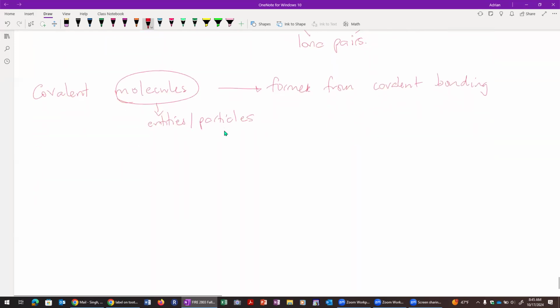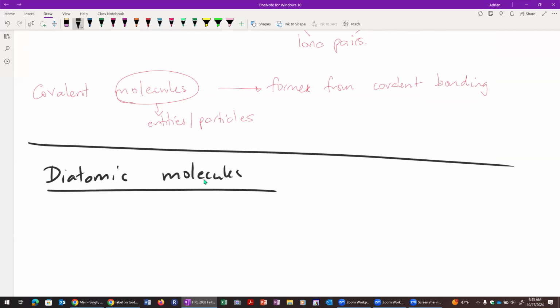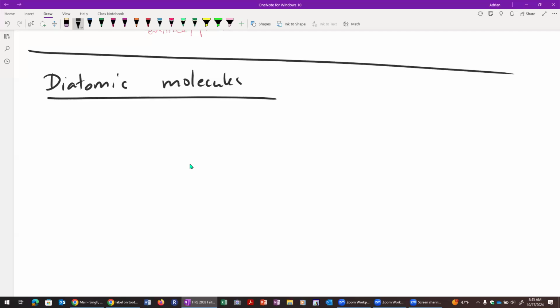So there are several elements in the table that exist as diatomic molecules, and they undergo a similar bonding pattern. Let's list what these are, because it's important to know the elements that exist as diatomic molecules under normal conditions.